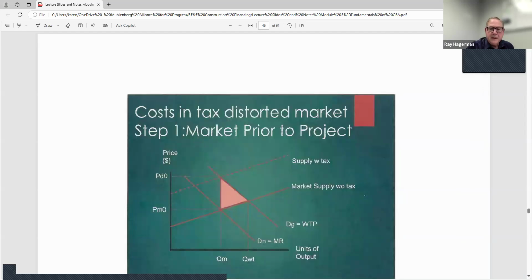Here's another particular case where you had a market supply without tax, you had the market supply with tax that went down, and you had the demand that went from a willingness to pay down. As a result, you had people that did not buy, right? So that's why you had deadweight loss, because you went up in price and quantity went down.